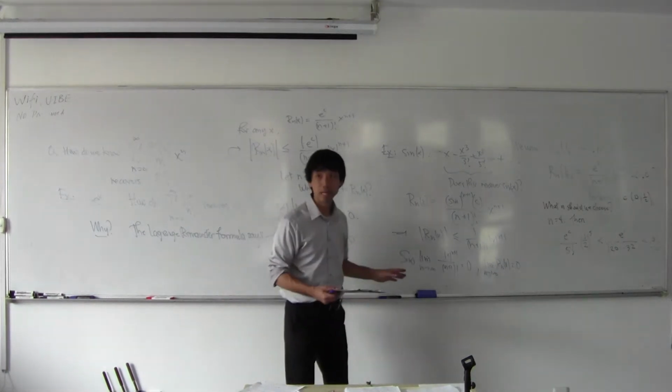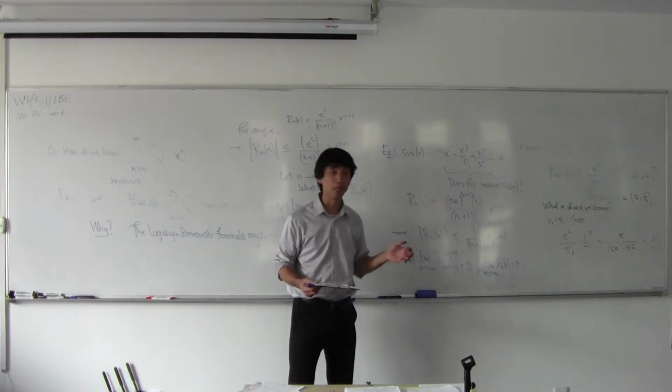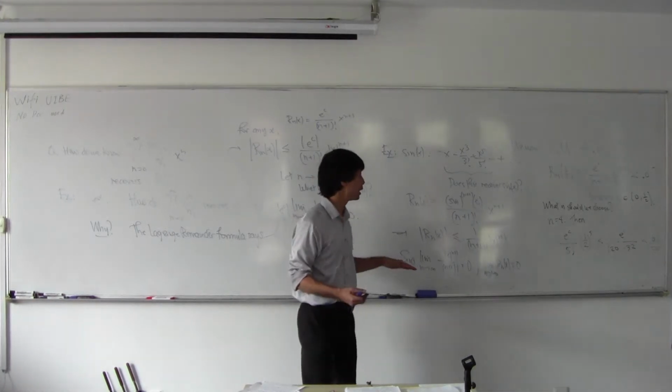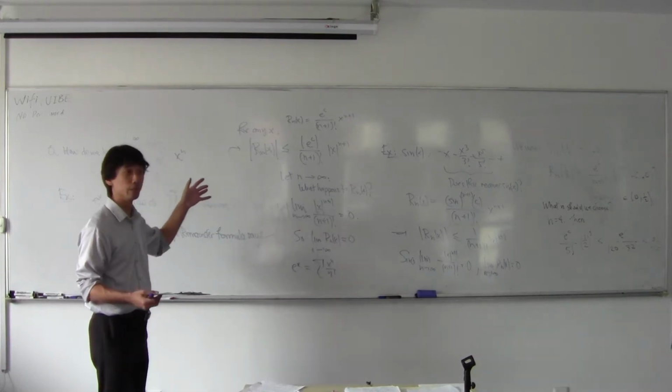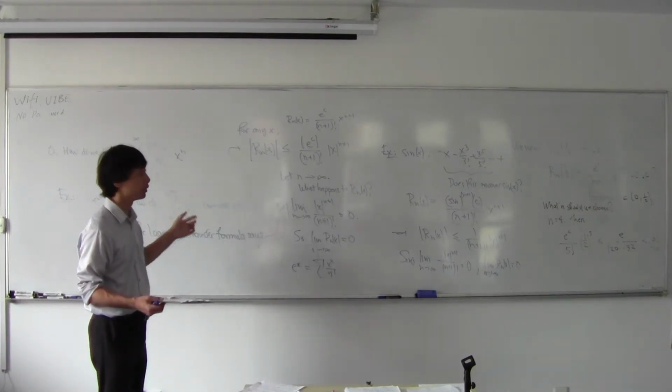We gave one example of where the Taylor series messes up, where it gives you a function that's not your original function. But in these two examples, at least, we're good. The Taylor series actually does recover the original function.